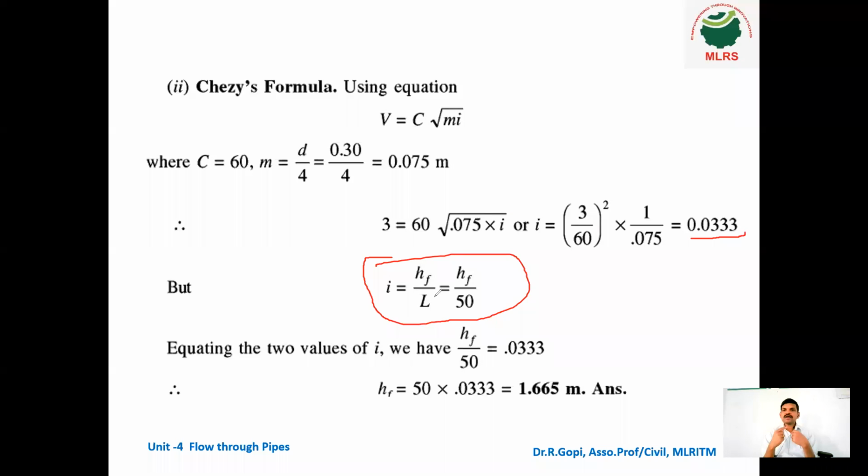But we have 50 meter length. The pipe has a 50 meter length. So how to calculate for 1 meter? That is hf divided by 50. Using this formula, we can calculate i for unit length. Equating the two values, i is equal to hf divided by 50, which is equal to 0.0333.